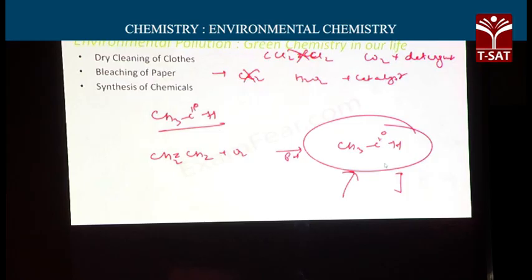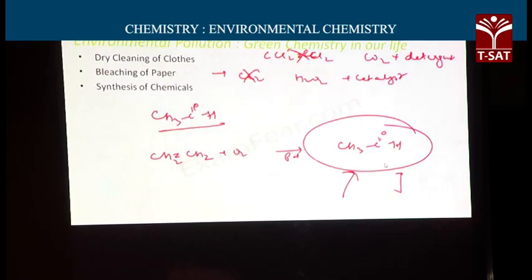In the olden days, chlorine was used for bleaching paper and clothes. But as per green chemistry norms, H2O2 and catalysts are being used. And being scientists, we have to develop techniques without byproducts.